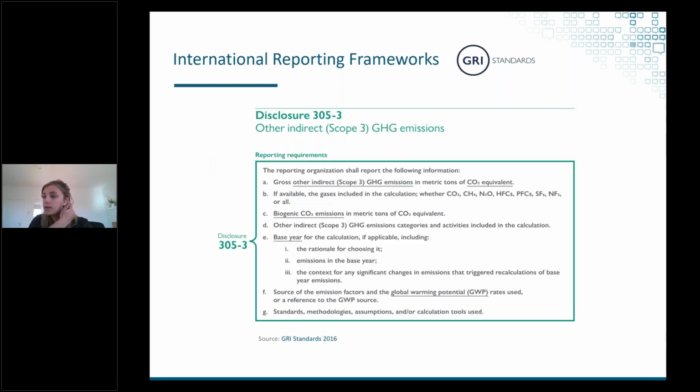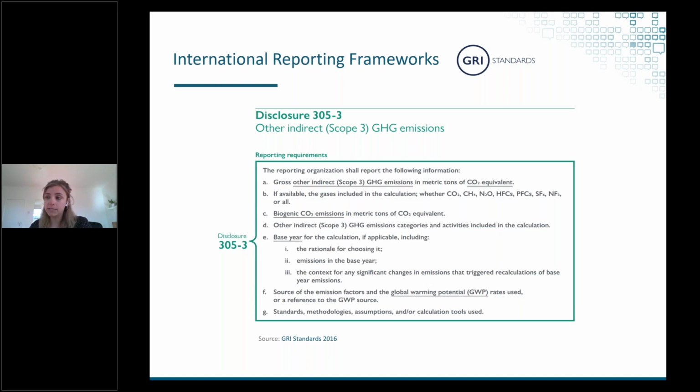Other international frameworks, such as the GRI standards, also ask for companies to disclose Scope 3 emissions. As we have here, disclosure 305-3 is asking for the gross other indirect Scope 3 GHG emissions. So in general, it is best practice to report non-financially to the major international and national frameworks.